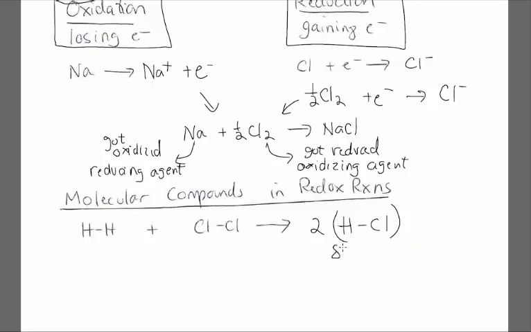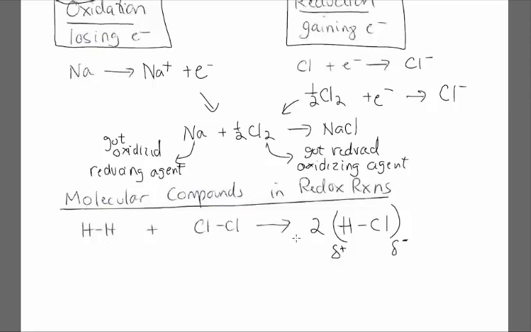The hydrogen part is partially positive and the chlorine part is partially negative. So hydrogen was neutral when it started because hydrogen will share electrons equally with itself. Chlorine will share electrons equally with itself.